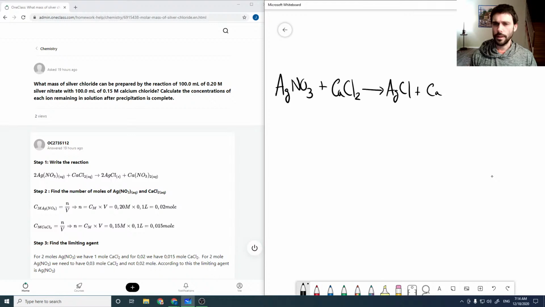This is going to be calcium nitrate, which is going to be 2 of those. Just to balance this, we're going to need 2 of those, which means we're going to need 2 of those. And that looks balanced to me, so that looks good.